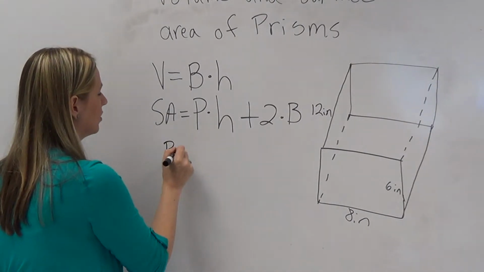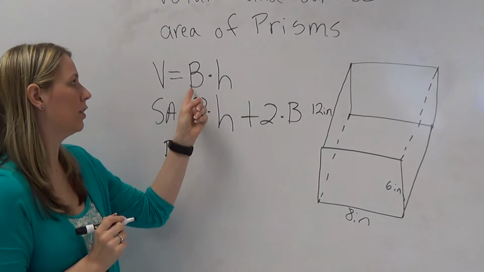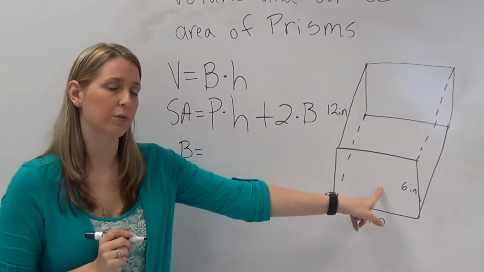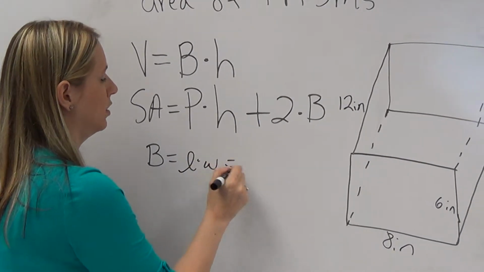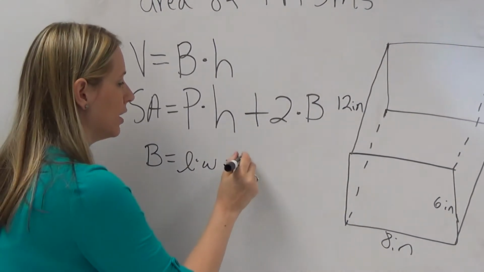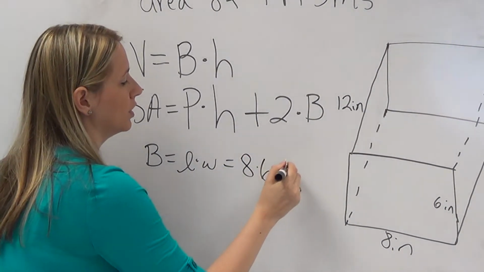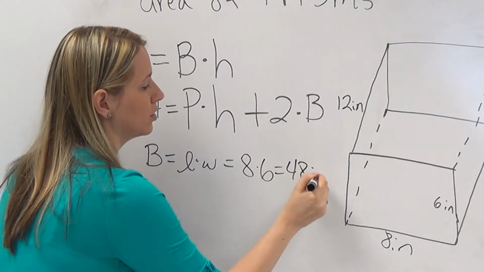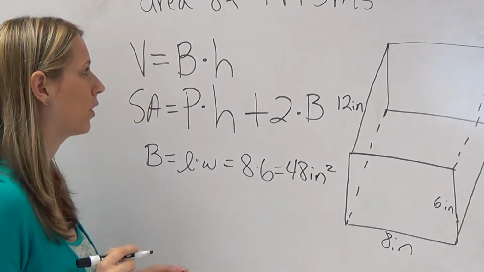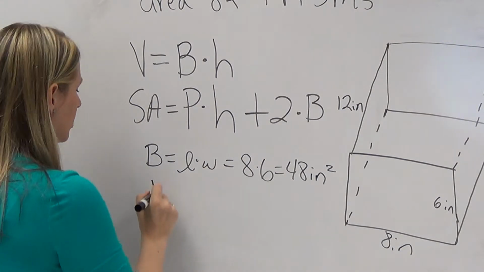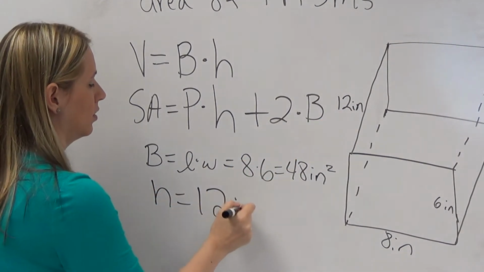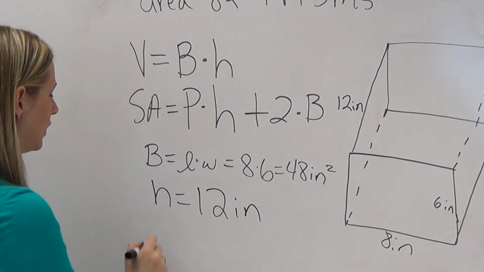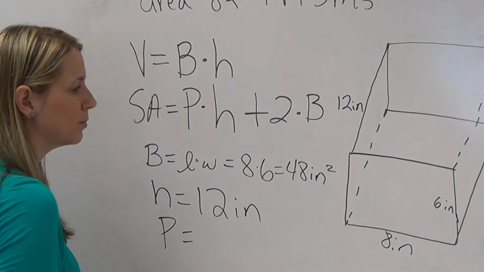We've got our big B, which is area of the base. To find the area of the rectangle, you just do length times width, so that's going to be 8 times 6, which is 48 inches squared. The height of the prism is already on here. It's just 12 inches. And then you've got your big P, which is perimeter of the base.